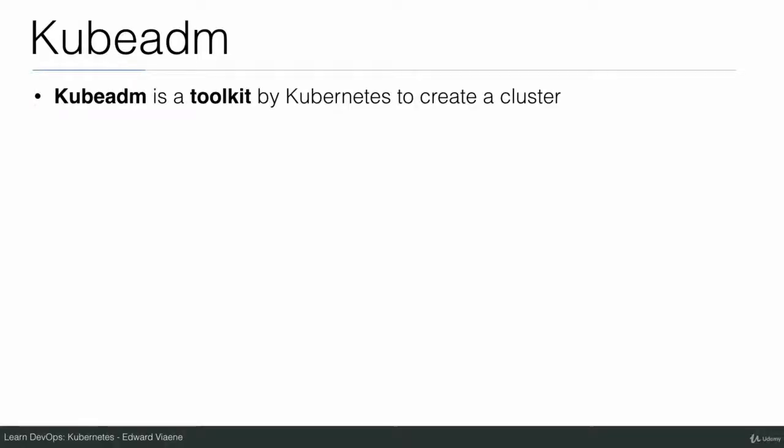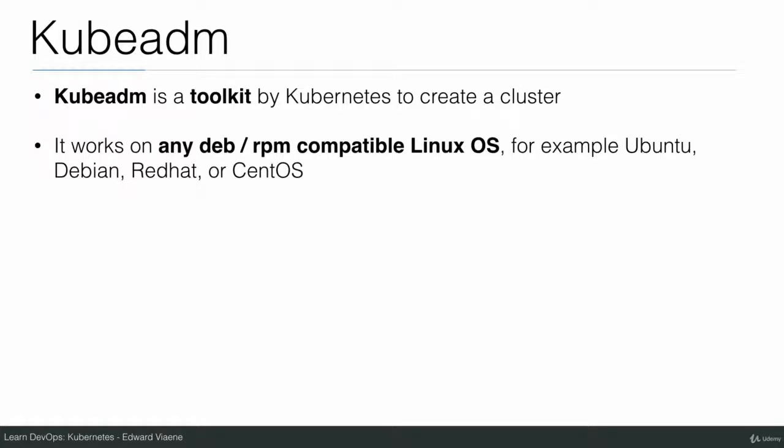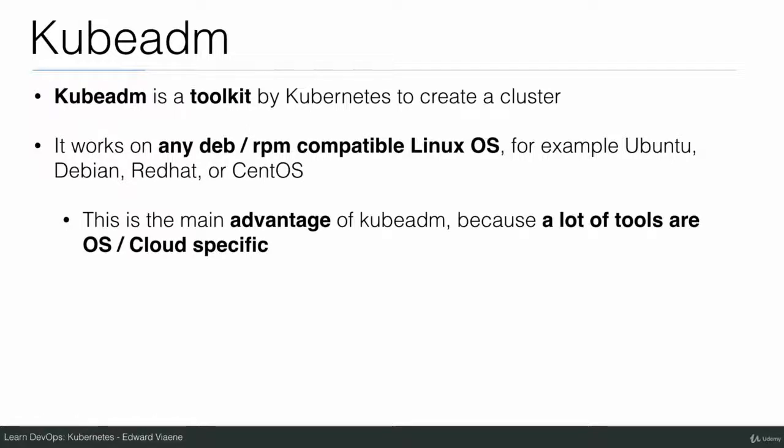kubeadm is a toolkit by Kubernetes to create a cluster. It works on any deb or RPM compatible Linux OS, for example Ubuntu, Debian, which use Debian packages, and Red Hat or CentOS, which use RPM packages. This is the main advantage of kubeadm, because a lot of other tools are operating system or cloud specific, and kubeadm works on a lot of different environments.